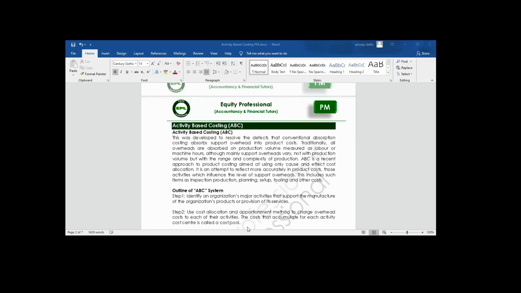Under the traditional absorption volume-based method, overhead cost is absorbed using a single factor. This single factor could be direct labor hours or machine hours.